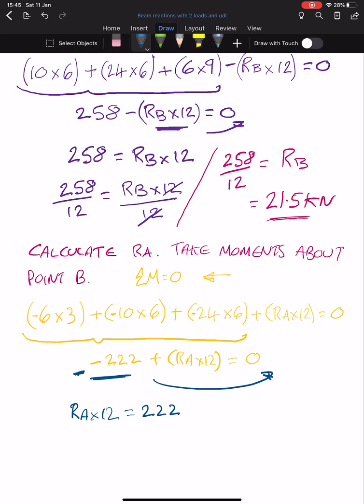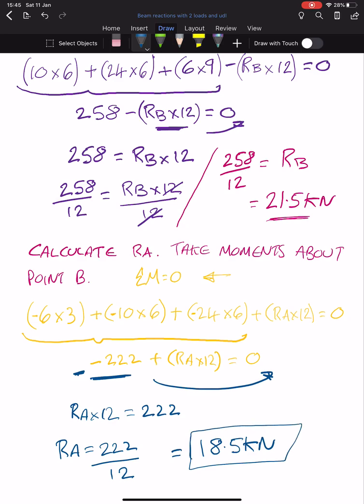And like in the previous example, I'm just going to divide the 222 by the 12. So RA is going to be 222 divided by 12. Put that in your calculator, you get 18.5 kilonewtons. So RA is 18.5 and RB is 21.5.